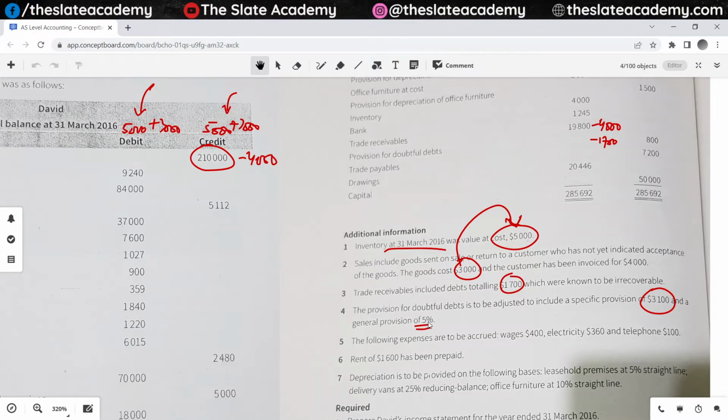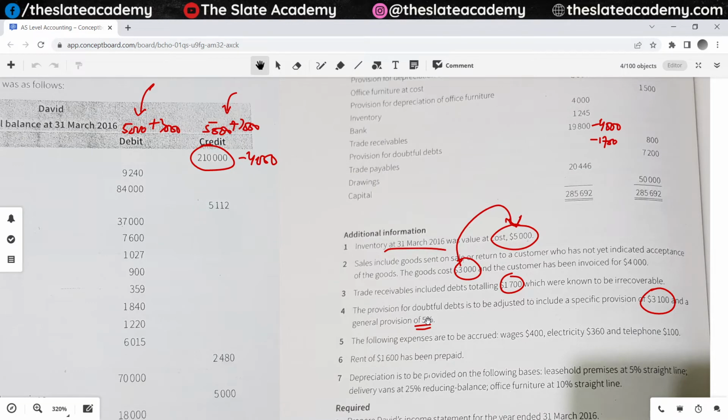Okay, so if I calculate that, just a second. Opening balance is 800. Specific provision. Am I making a mistake over here? Okay, let's do it this way.